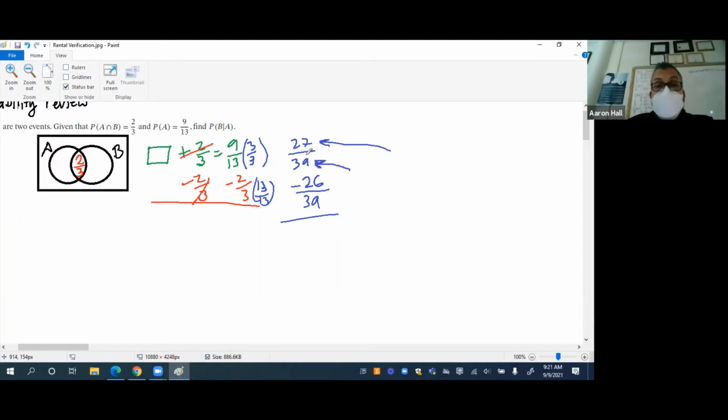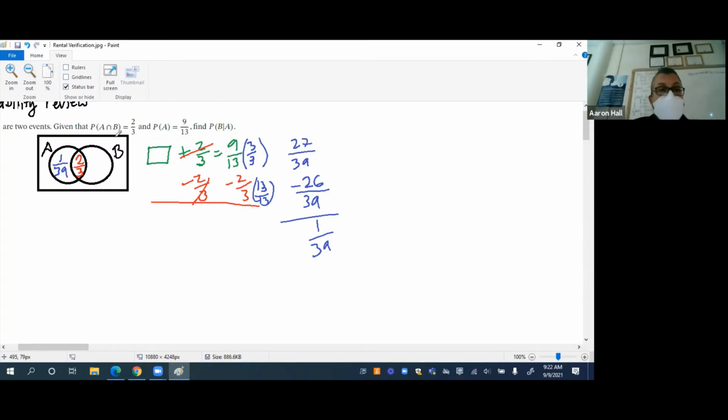Yeah, we're going to subtract the numerators. Ms. Halliday, if I subtract the numerators, what do I get? Yeah, I'm getting 1. So I have 1/39. 1/39 goes here. 1/39 goes there.